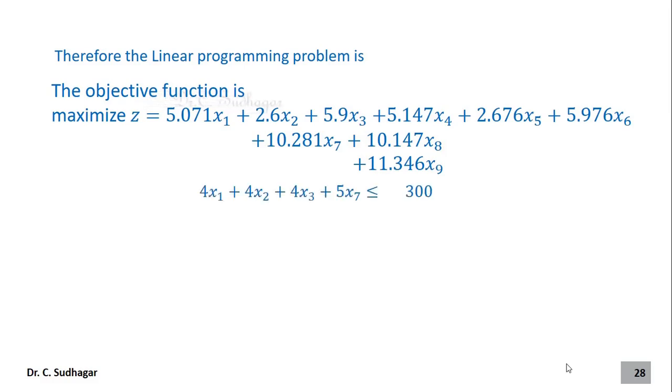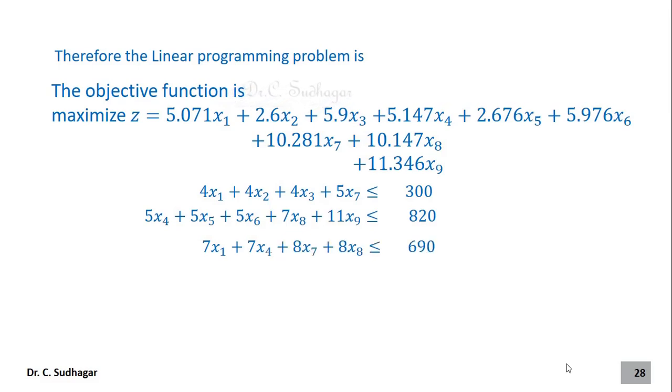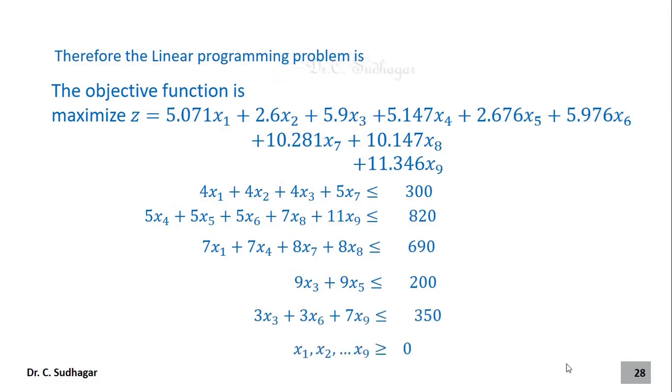Then this is the constraint for the round-shaped molding machine R1, and this is the constraint for the second machine R2, and this is the constraint for the machines K1, K2 and K3, and finally the non-negative constraints. So this is the overall linear programming problem formulation.